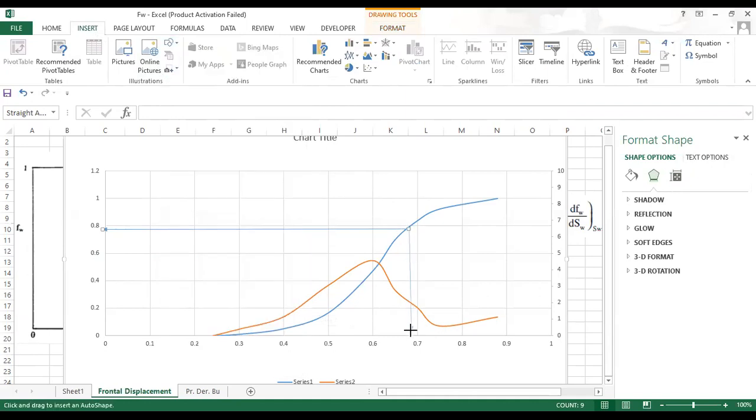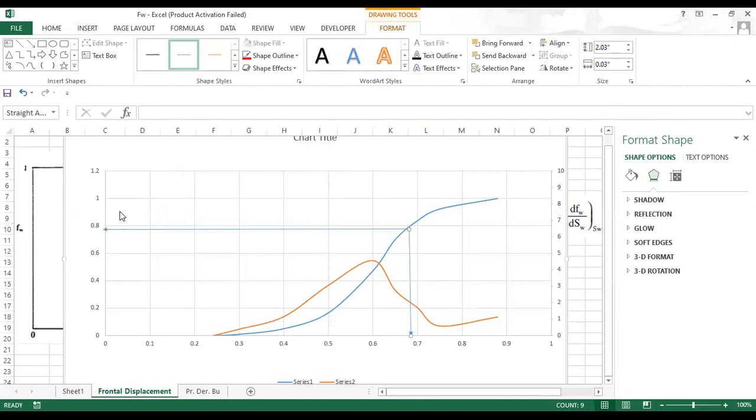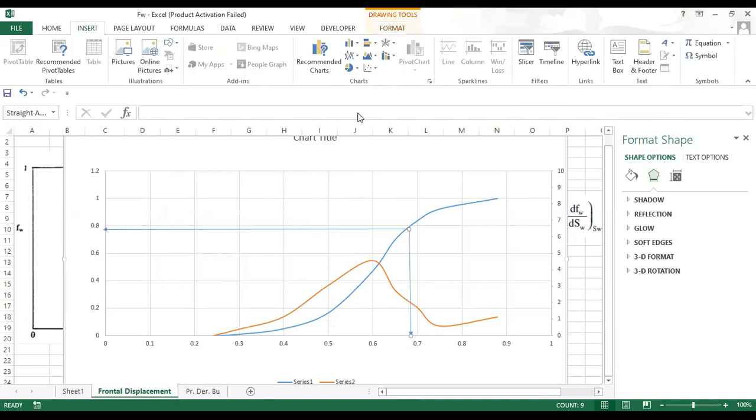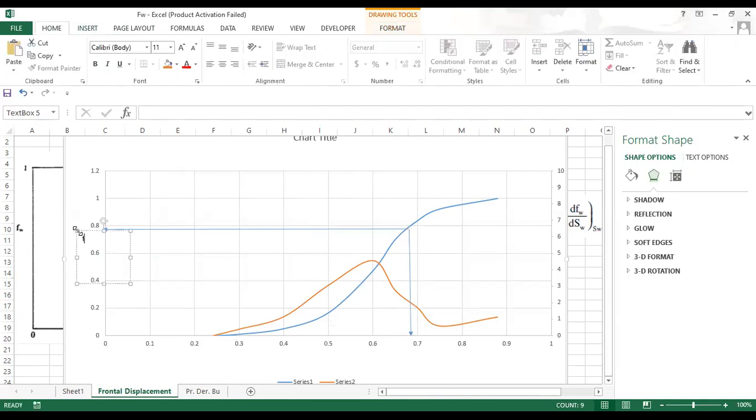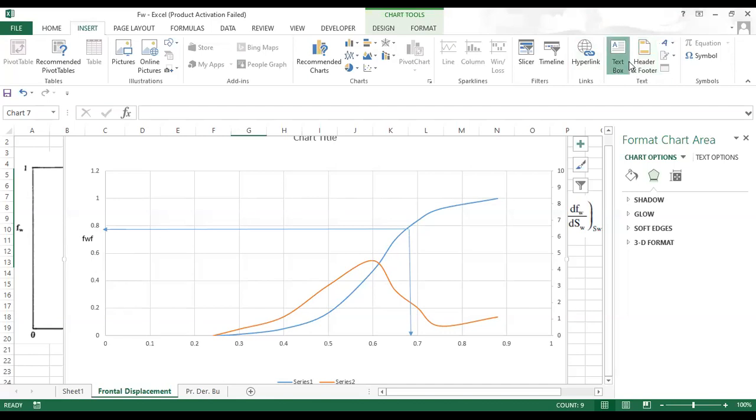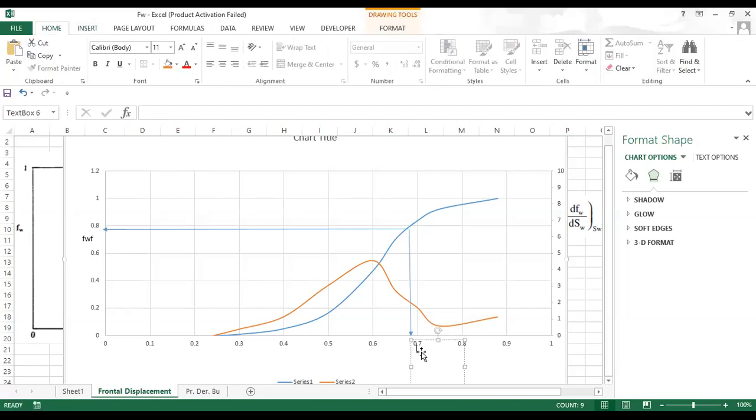This is another. So this is my FW and that is my FWF, and this is also SWF.